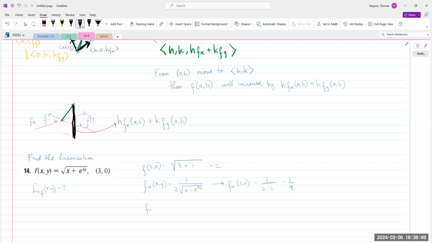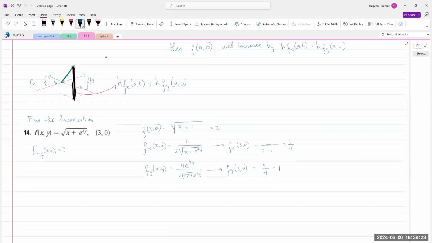f sub y of x, y will be pretty much the same, but I do the derivative with respect to y on the top. I say 4 e to the 4y on the top over 2 square root of x plus e to the 4y. And then at (3,0), that will be 4 over 4, which is 1.